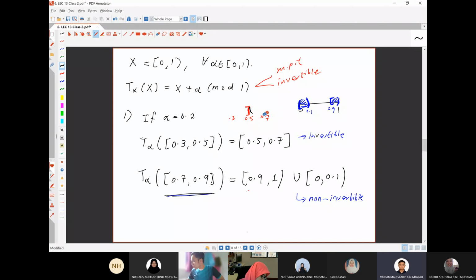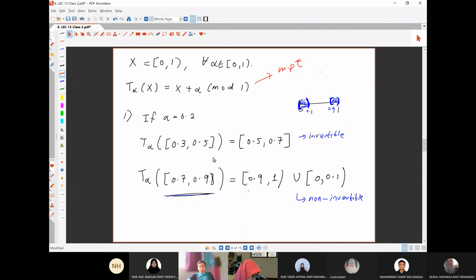Yes. Non-invertible. Okay, so usually we want to find, for this case, T. I gave an example of a T alpha that is non-invertible, but I want the invertible one. This. So, okay, to not confuse, we write this one as invertible only. MPT only. So for this case, I want to consider MPT only. I find alpha is 0.2.